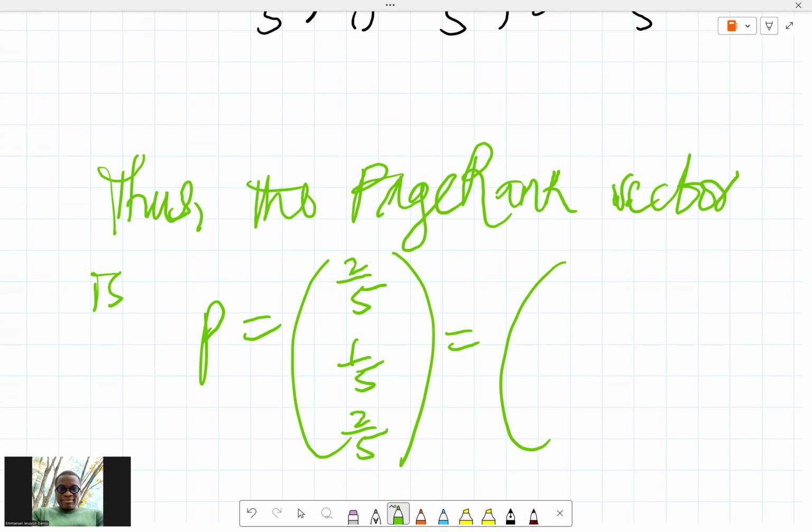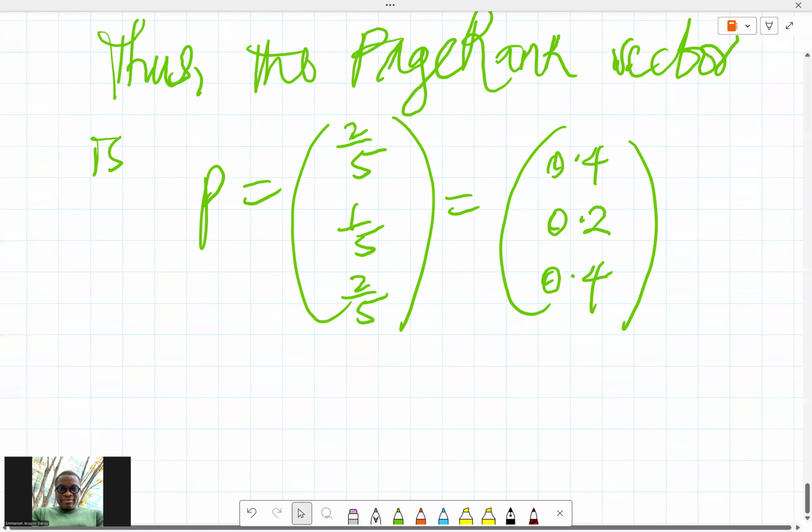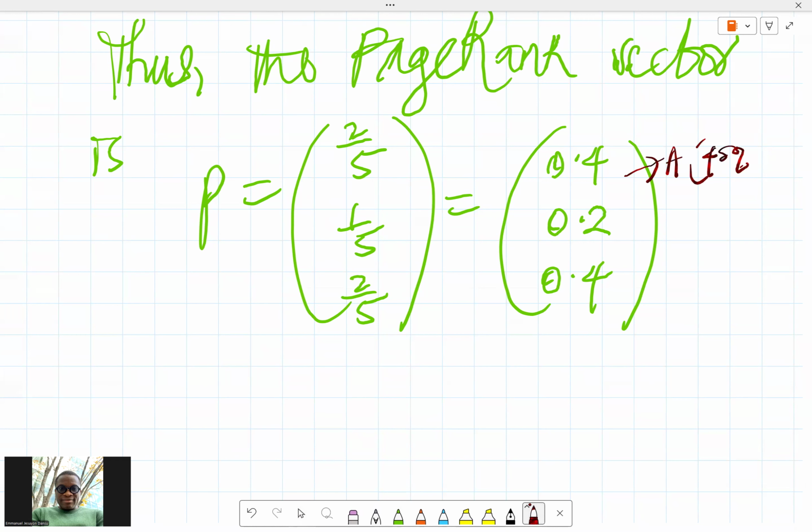Of course, in decimal, that's 0.4, 0.2, and 0.4 again. So this tells us that site A has a chance of 40% of being visited. Site B has a chance of 20% of being visited. And site C has a chance of 40% of being visited.